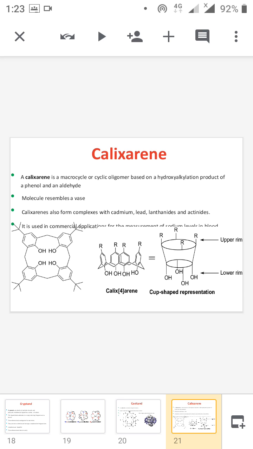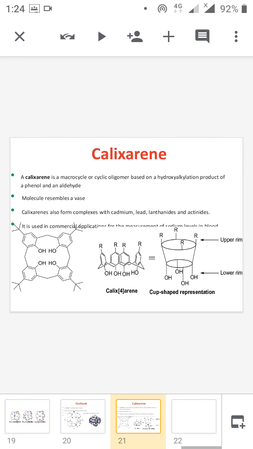The calixarene also forms complexes with cadmium, lead, lanthanides and actinides. It is used in commercial applications for the separation or for the measurement of the sodium level in the blood. So these are some of the molecular receptors which are used in supramolecular chemistry.